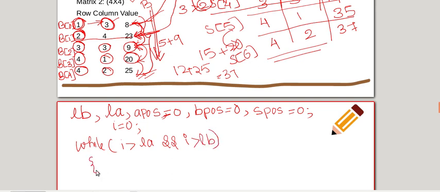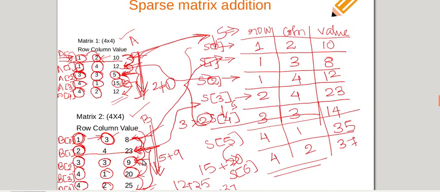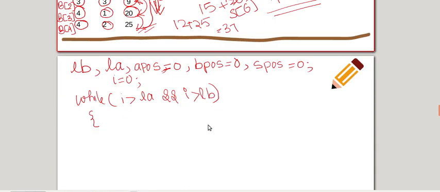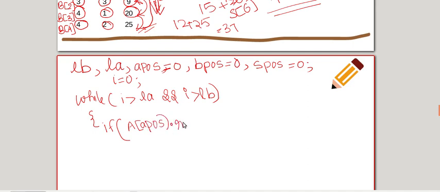And inside that, first I need to take each and every row element of this array and this array, and I need to compare. So I am taking the first row element, that is A of A pos dot row. First I have to check whether it is equal; there are two conditions.